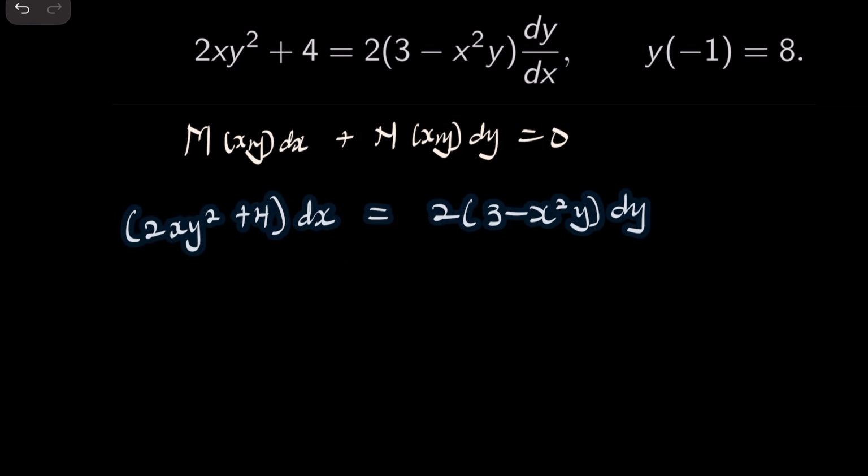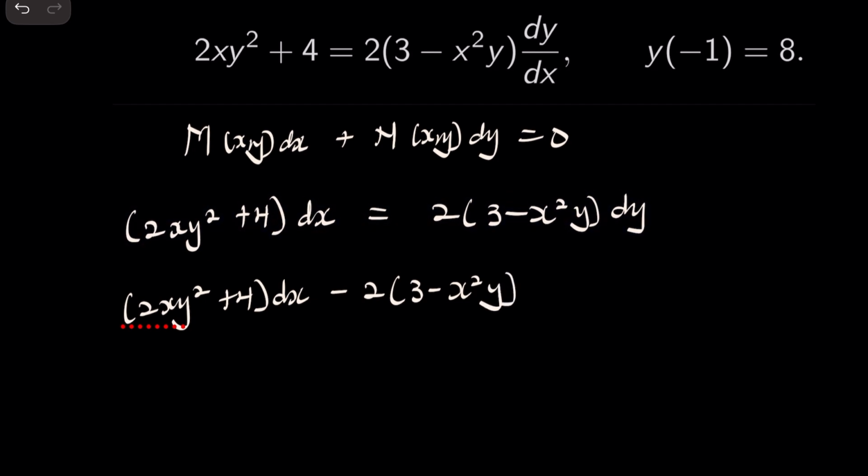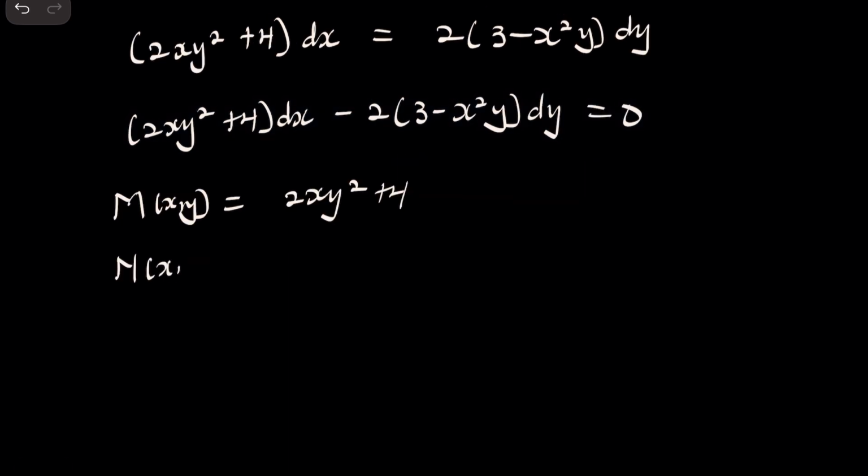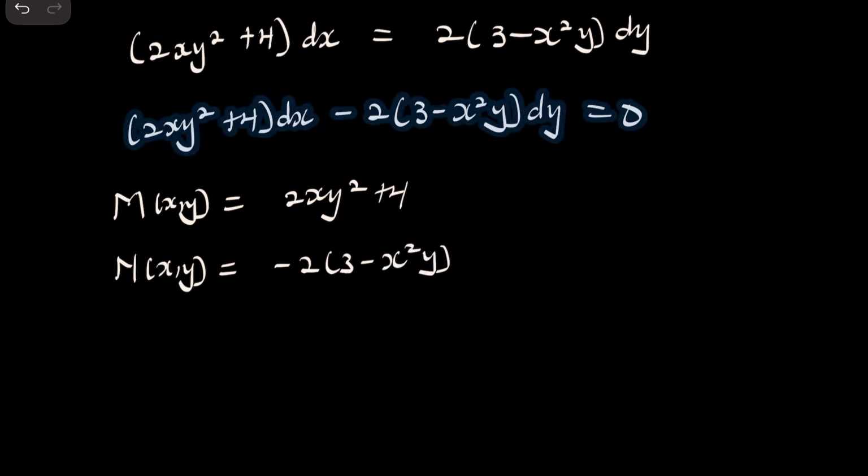Now we move this guy to the left hand side, and so we are going to have 2xy squared plus 4 dx, then minus 2 times 3 minus x squared y dy is equal to 0. And so we are going to have our function m of xy to be equal to 2xy squared plus 4 and n of xy to be equal to minus 2 times 3 minus x squared y.